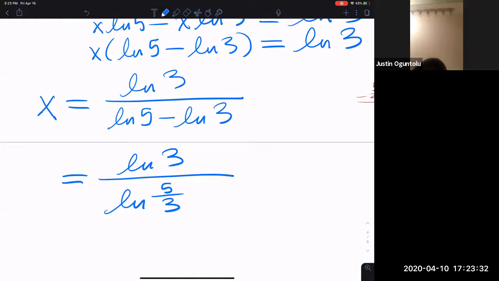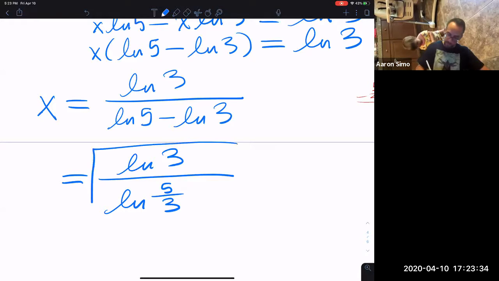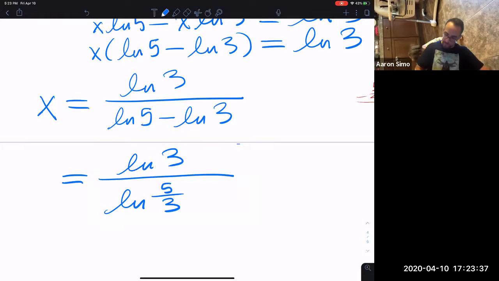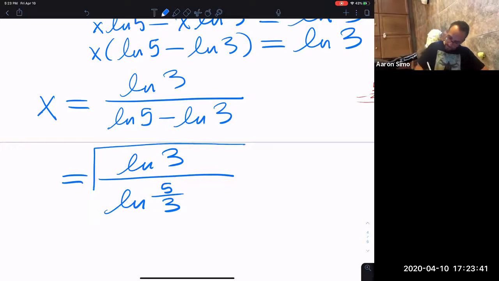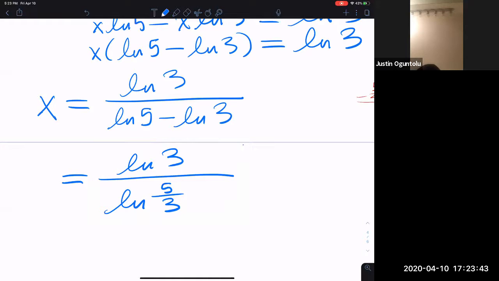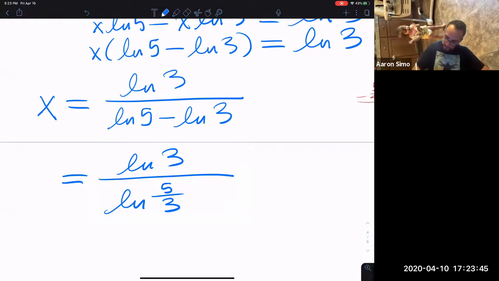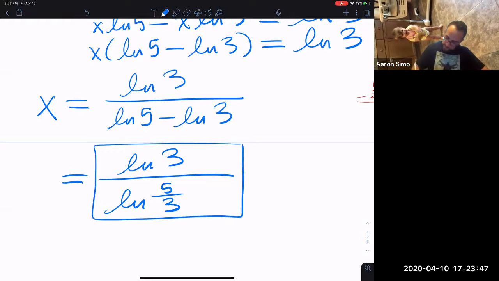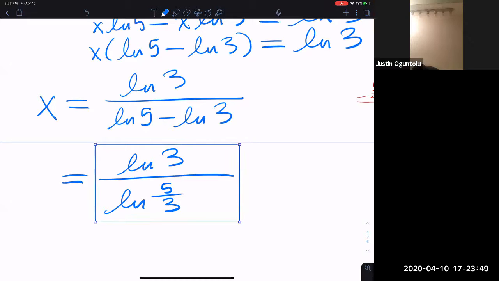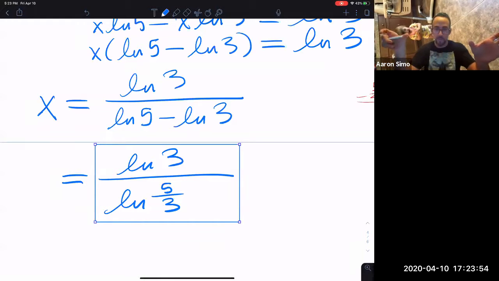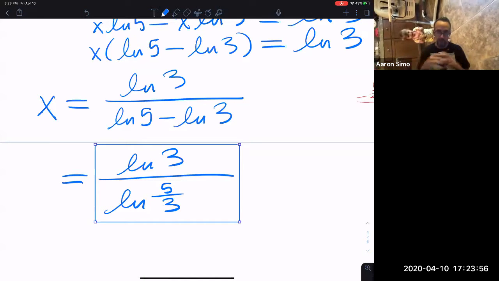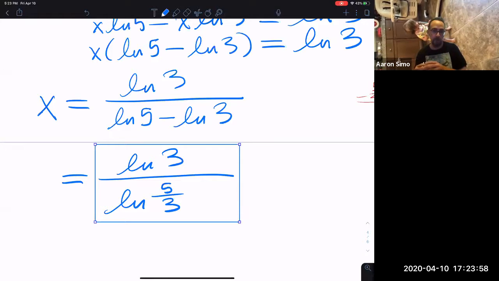Some teachers don't really care about that, but I saw another teacher do that and thought it was nice. Because when you subtract two logs, you can condense it to a single logarithm, so maybe that's easier to plug into a calculator.